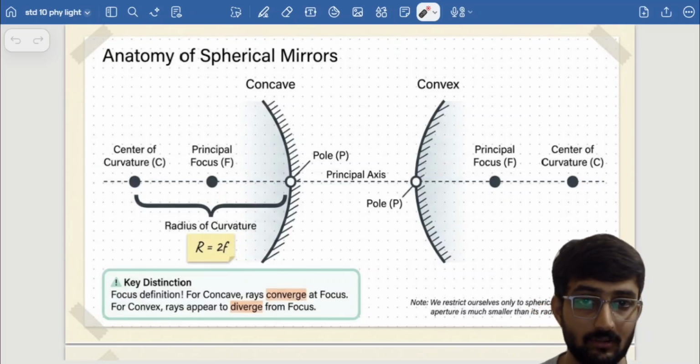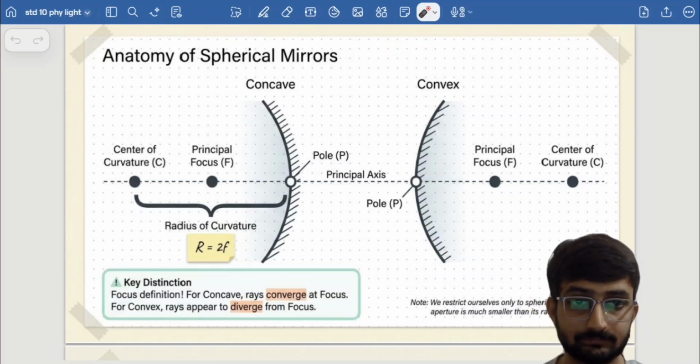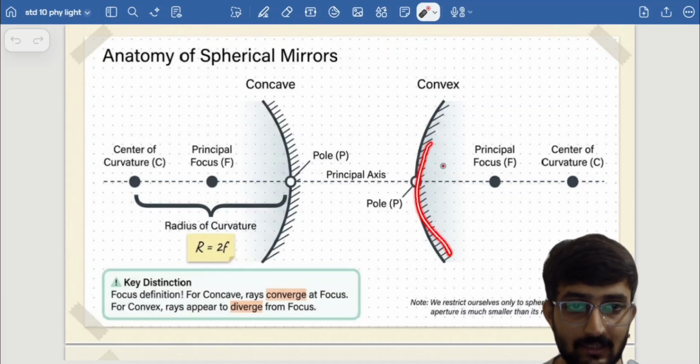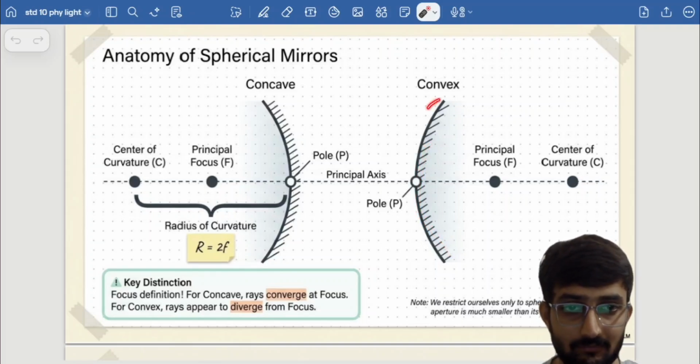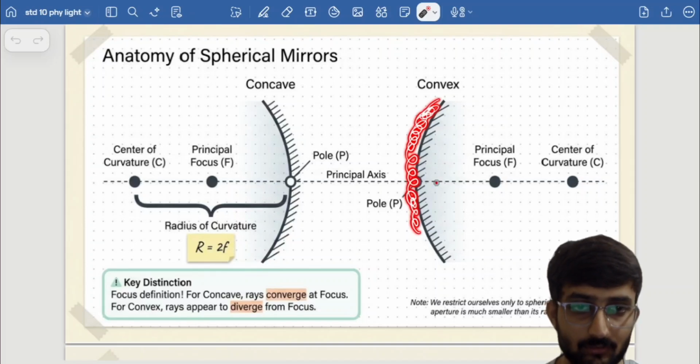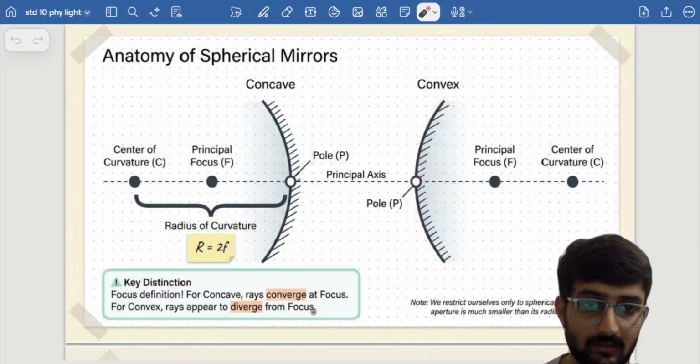Okay. And if you paint the inner side of this slice, and the shiny surface will be here, then you get a convex mirror. Okay.